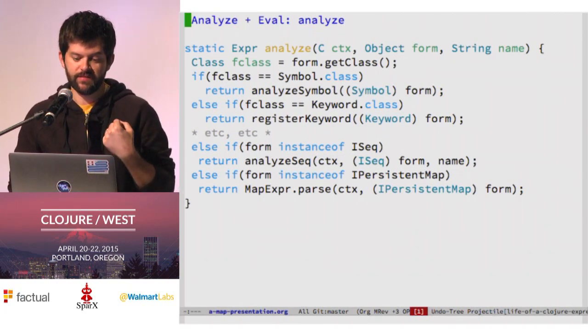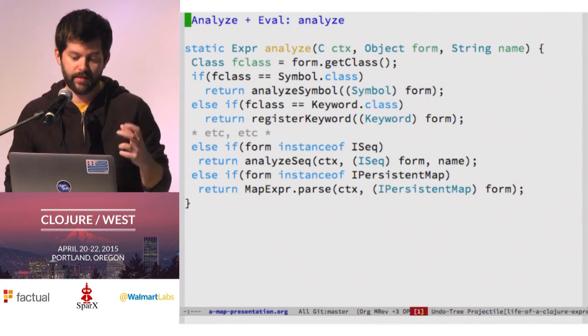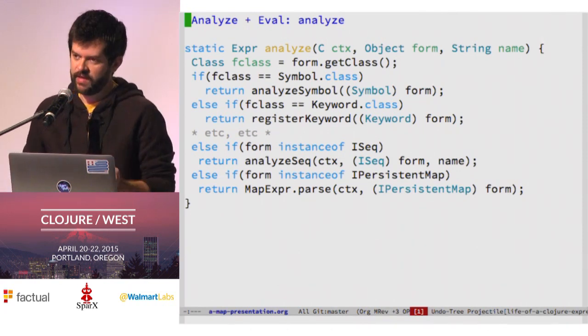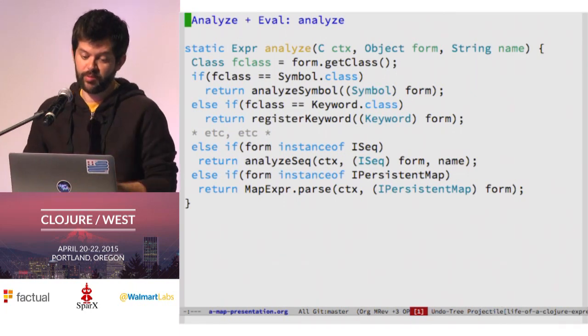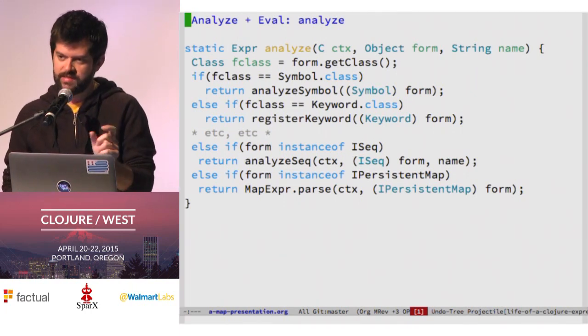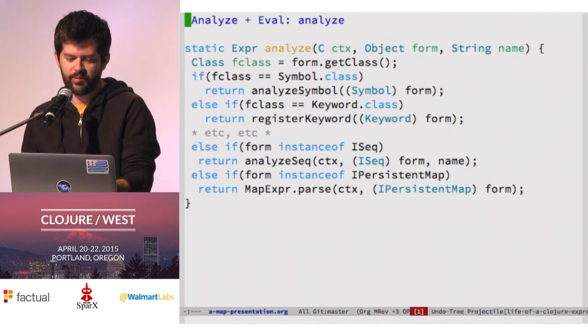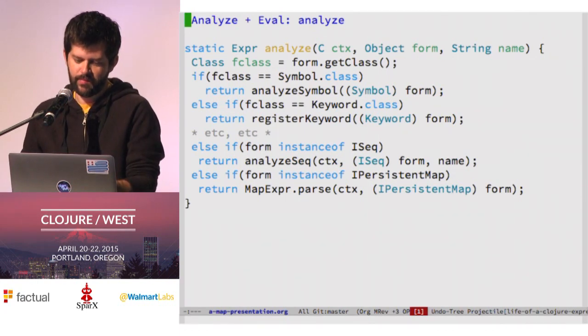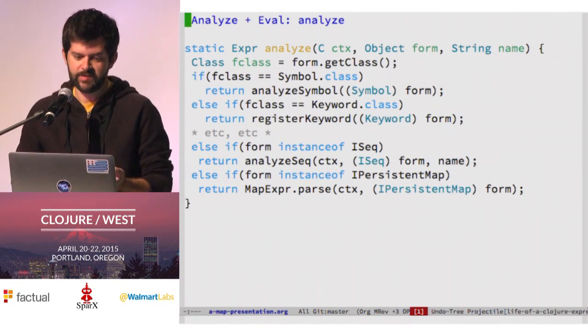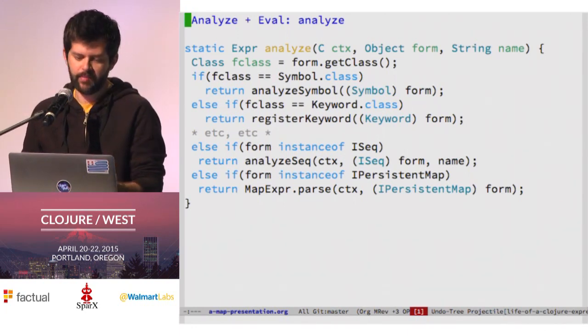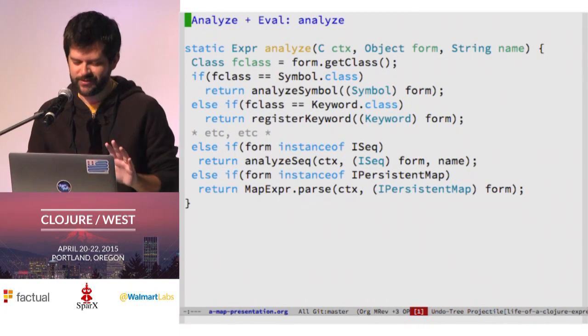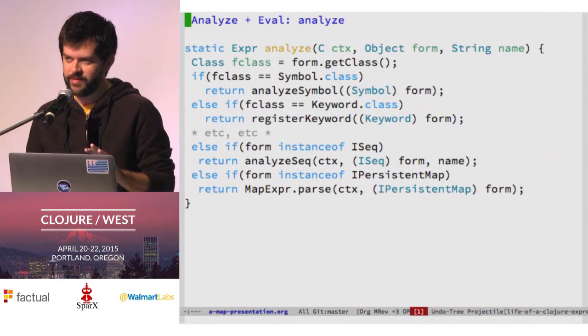If it's an instance of ISeq, meaning it's a list, then there's an analyze seq that we'll go into more detail on. If it's an IPersistentMap, then here's that static parse method I mentioned. MapExpr has a parse method that creates a MapExpr. And so, in that case, analyze is going to return that MapExpr, or whatever's returned by MapExpr parse, which actually may not be a MapExpr.